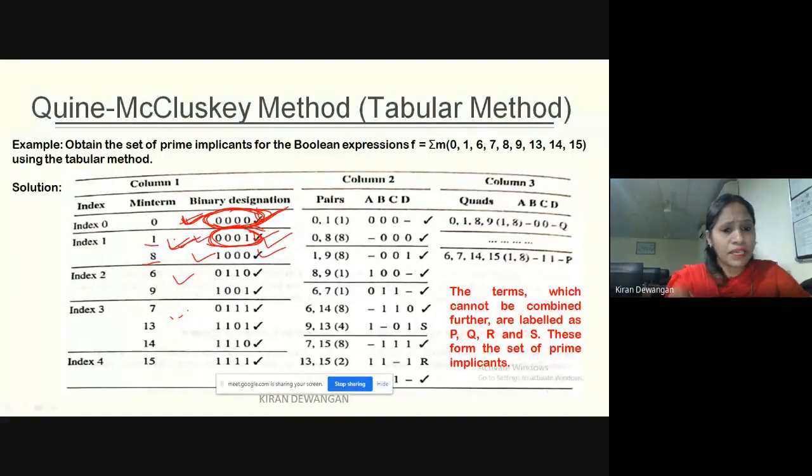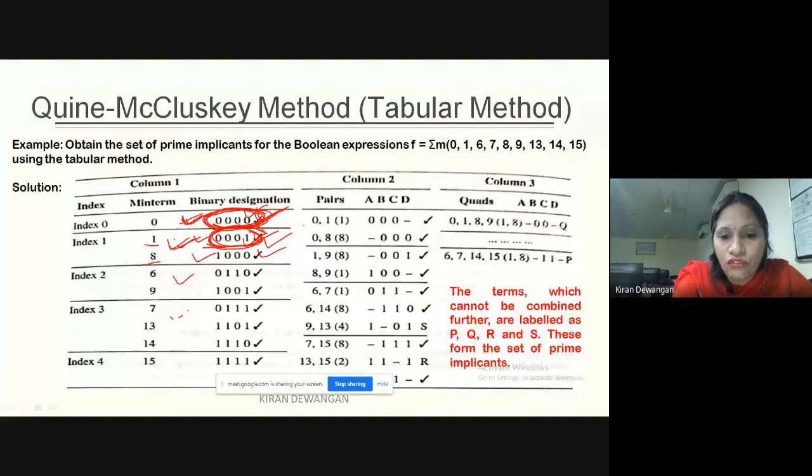Is this concept clear? So we'll compare 0 with 1. And what are we checking? Whether their binary designation differs by 1 bit only or not. Yes, they are differing by only 1 bit. This is 0 0 0 0 and this one is 0 0 0 1.